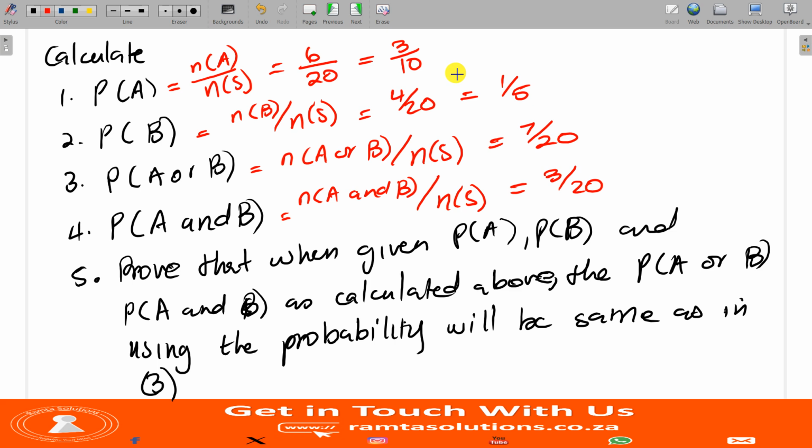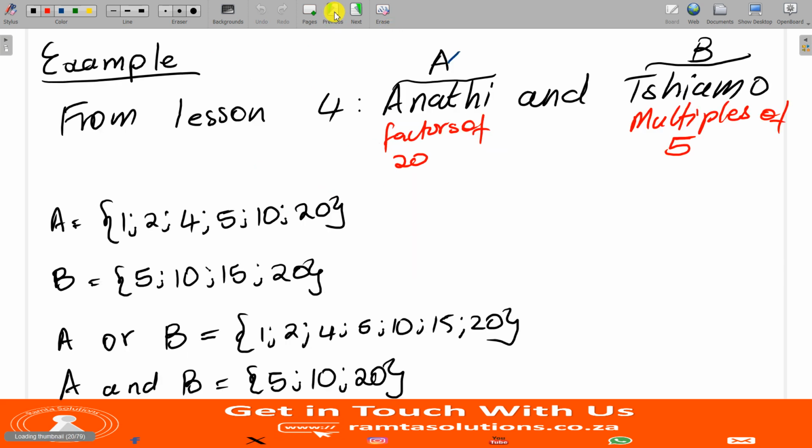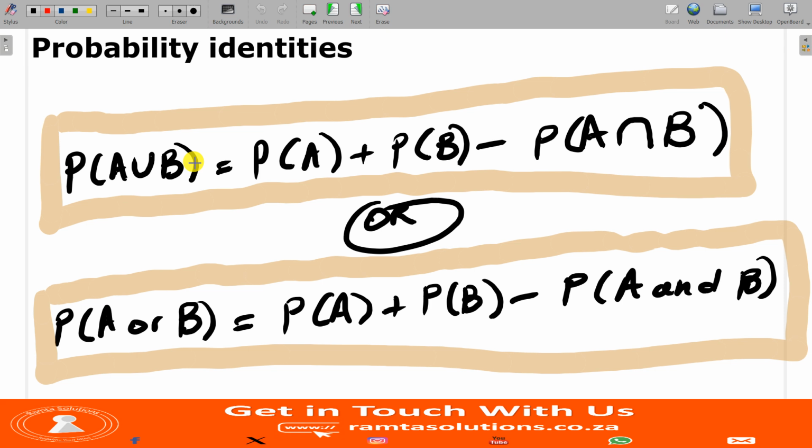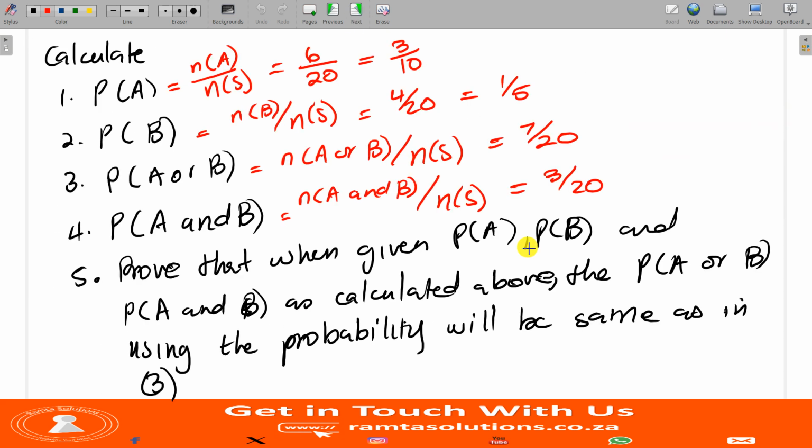Now, guys, remember, you either use this formula or this one. It doesn't matter, they are the same thing. Now I want you to prove that when you substitute the probability of A, the probability of B, and the probability of A and B into the probability identity, you will get this answer here.